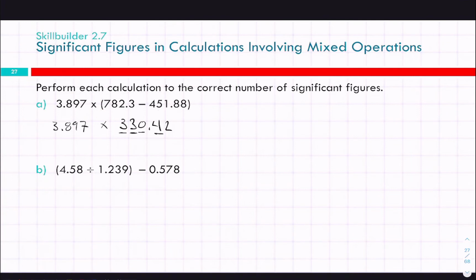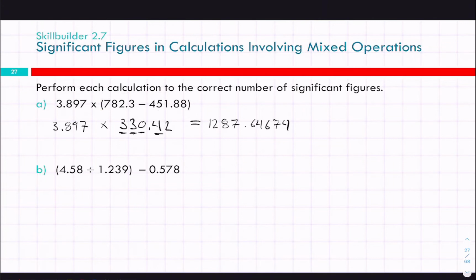3.897, and the result of that is going to be 1287.64674. Now, how many sig figs of that do I keep? We're doing multiplication or division, so smallest number of sig figs. And here, this one only counts as 4 sig figs because that's all we would have kept from the previous step.